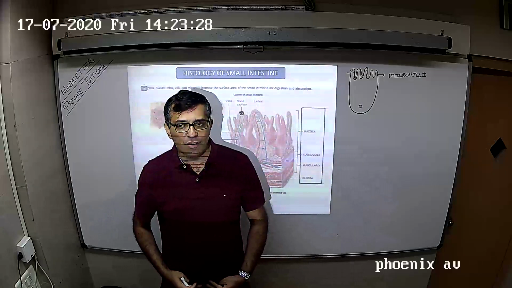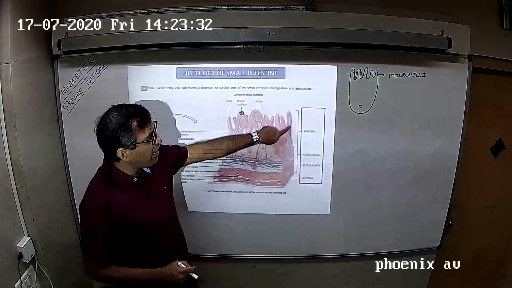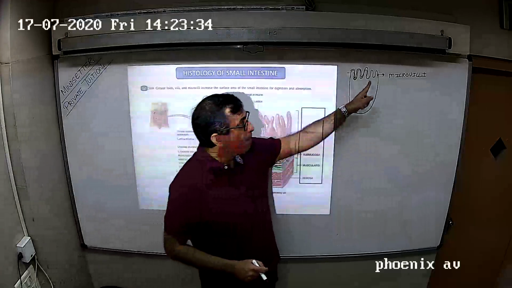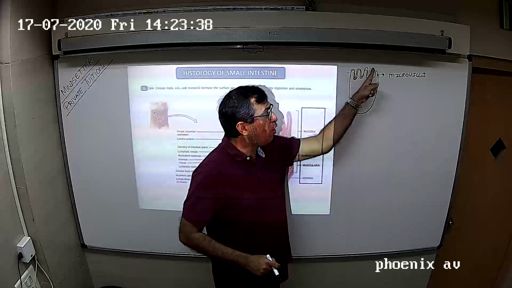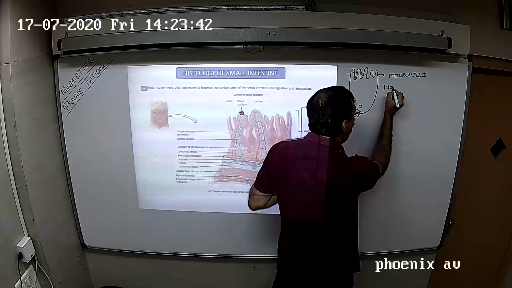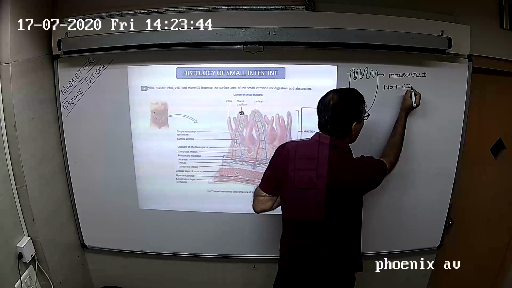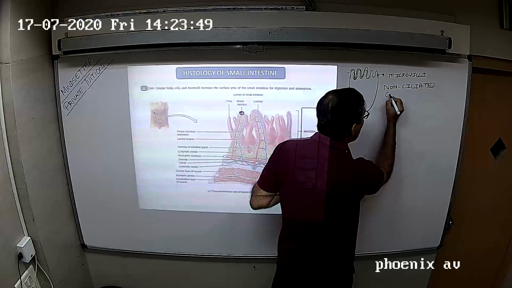What is the main function of the intestine? To absorb food. So, what is the kind of epithelium they are having? Microvilli, which will increase the surface area for absorption, and these cells are called non-ciliated columnar epithelium.